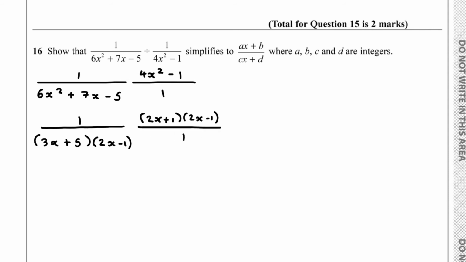And then obviously on the bottom we've got the 1. So if we see what cancels, well, this cancels with this, and also this cancels with this. So what we're left with then is 2x plus 1 over 3x plus 5.